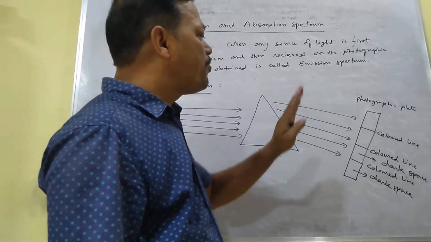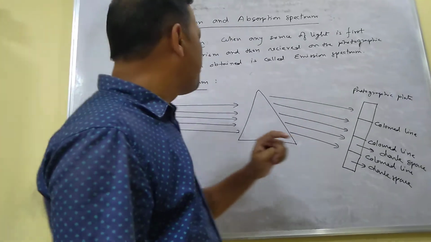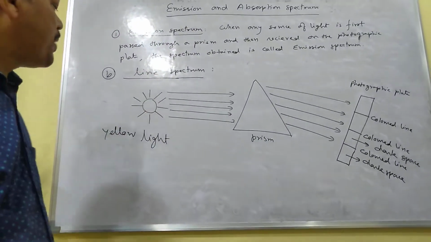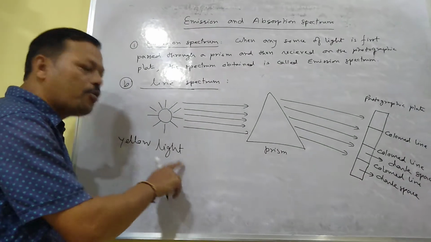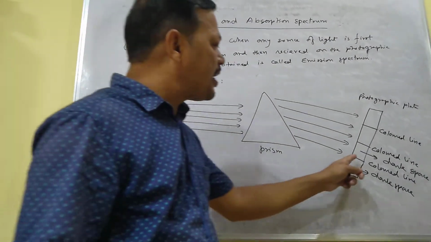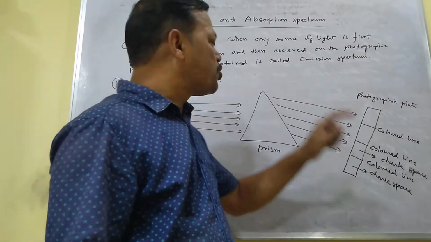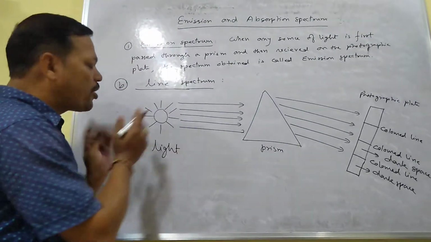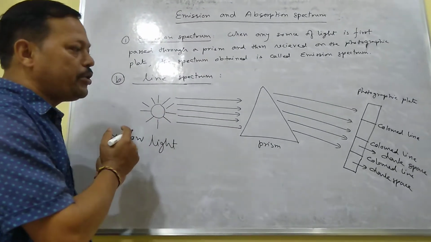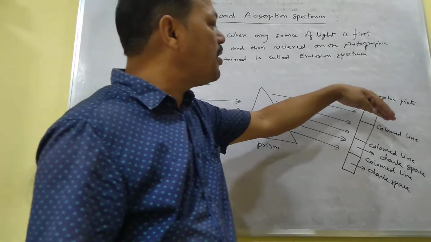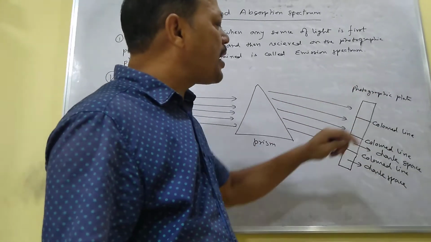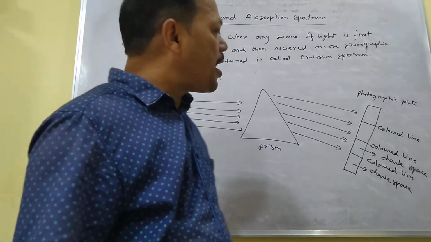This type of spectrum obtained is called line spectrum. If you use yellow color light, then you will get yellow colored lines. So depending on what type of colored light you use, you will get the colored lines, and in between them the dark spaces.